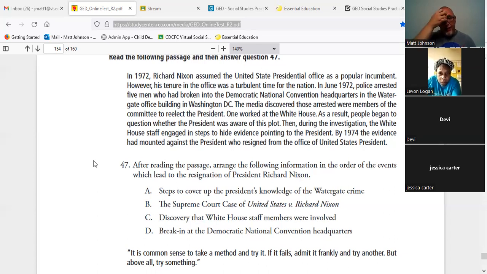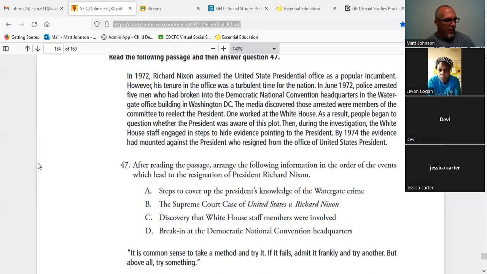So after reading the passage, we're going to arrange the following information in the order of events which led to the resignation of the president, right? So this is placing things in time. Okay, so what would go first? B. B as in boy?